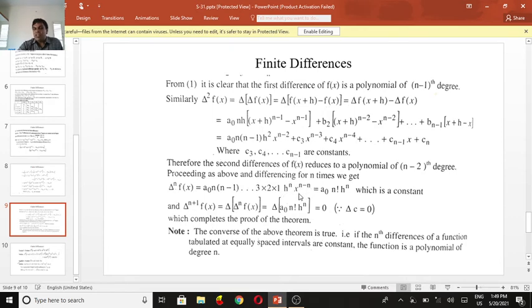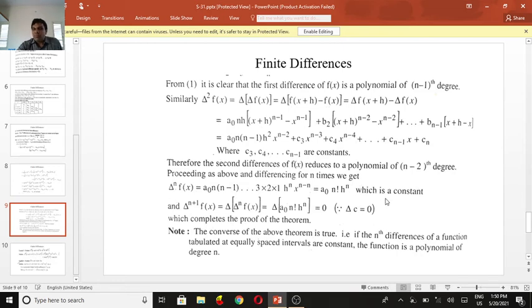So simply x power n minus n. So simply a0 times n, n minus 1, n minus 2, etc., 3, 2, 1. Generally we can write n factorial h to the power of n, x power n minus n. So x power 0 we get 1. So simply we get a0 n factorial h power n. It's a constant. This is all a constant.